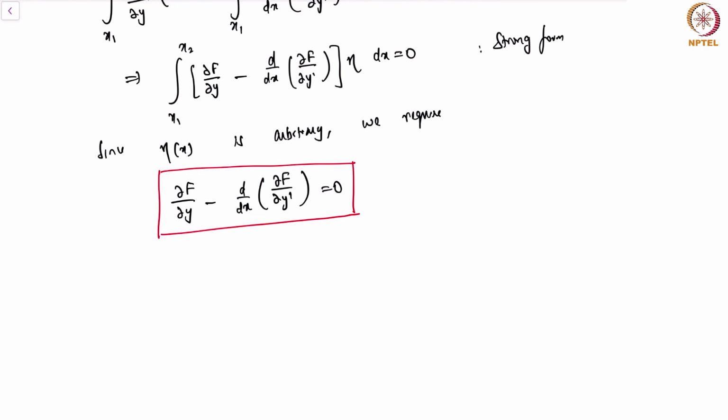So this equation has a very important name. It's called the Euler-Lagrange equation.